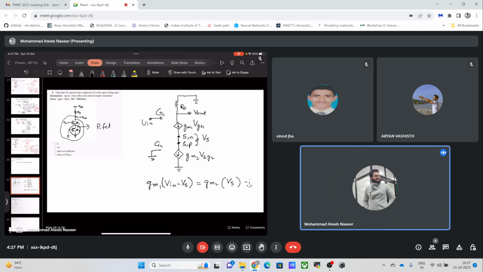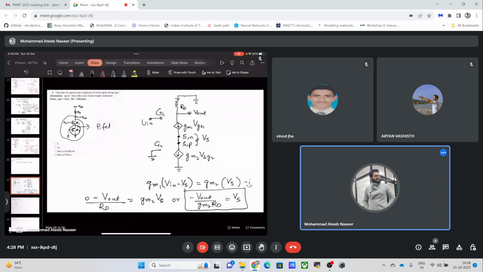Similarly, the current would also be equal to (0 minus Vout) by RD, which is simply equal to gm2 times Vs, or I can write minus Vout by gm2 RD is equal to Vs.